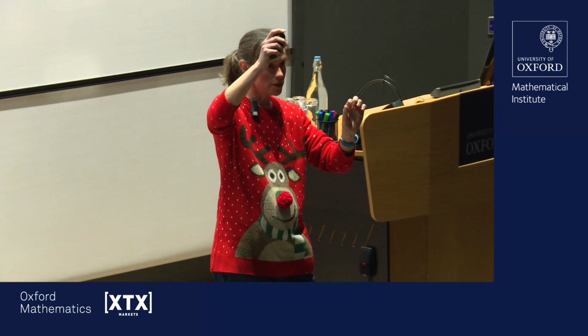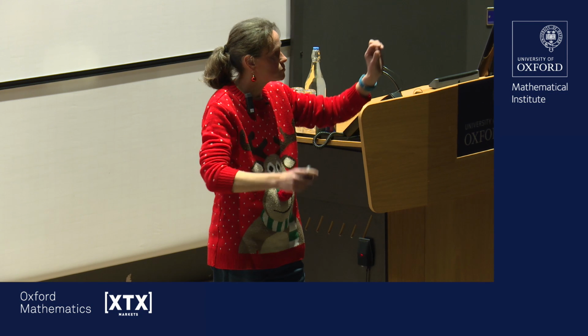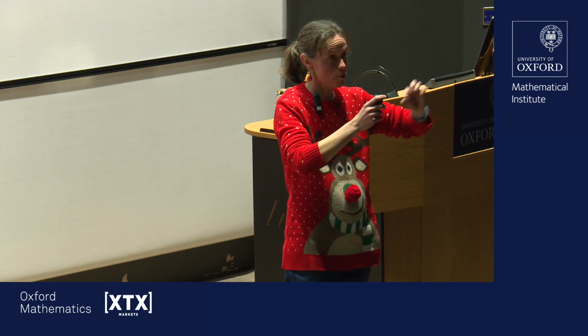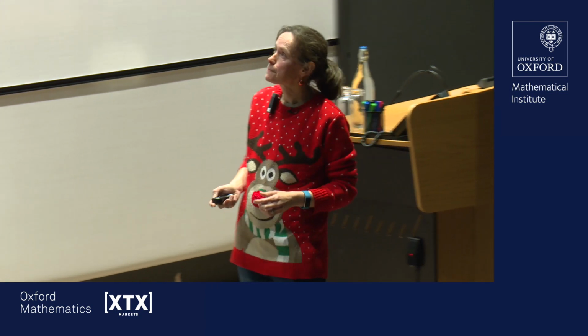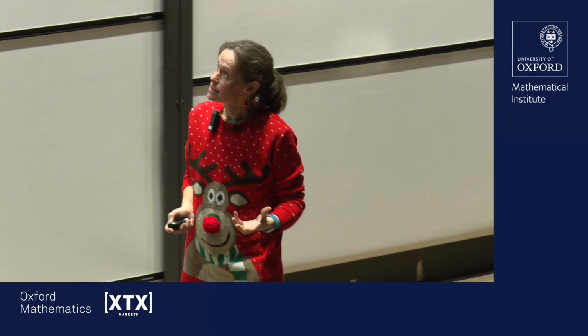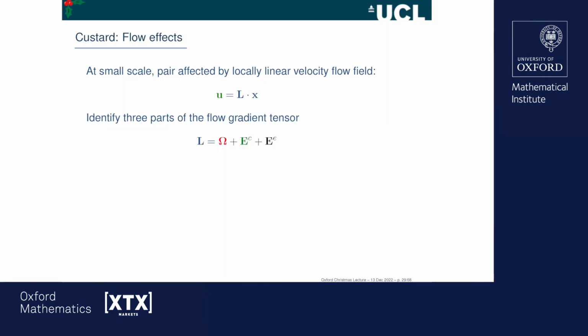What you care about is whether things are being brought towards it, and those can be done in a way that is proportional to how far away they are from it. That means that I can write the local velocity field as just a matrix times the distance vector. And I'm going to split up that flow gradient tensor. It's actually a tensor, not just a matrix, but that doesn't matter if you don't know what a tensor is.